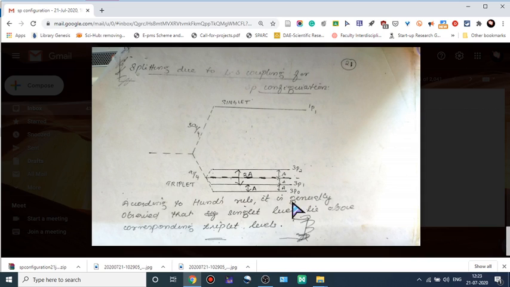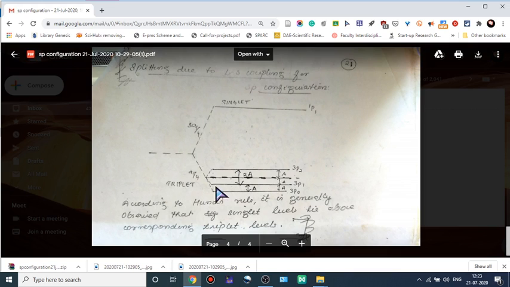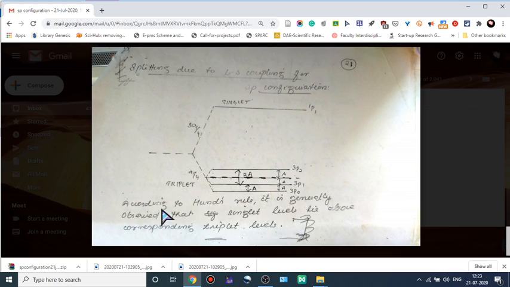That is, here 3p0 has the lowest energy among this triplet term because it has the lowest J value. And consider the singlet and triplet term. The highest multiplicity term is the triplet term. So obviously this triplet term lies in the deepest, that is, it has the lowest energy. That is Hund's rule.